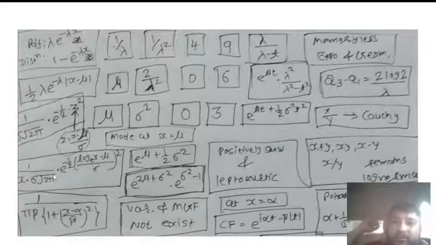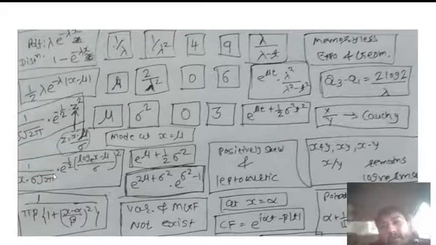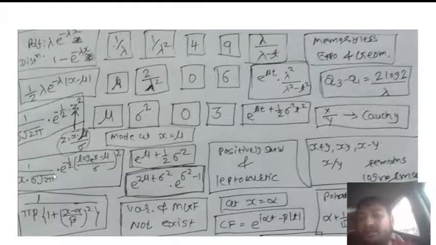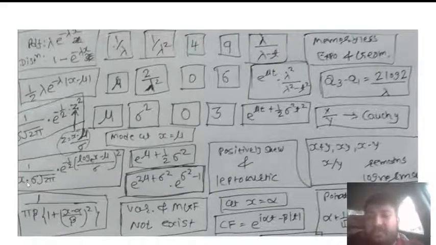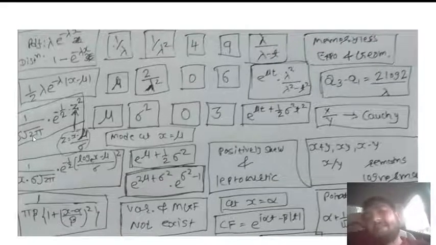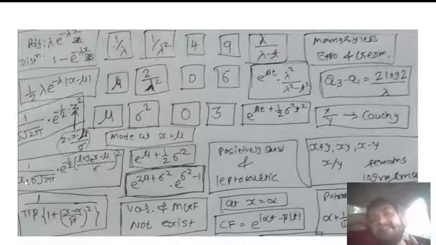Now we are moving forward to the log normal distribution. The distribution function is 1 upon x into sigma under root 2 pi. The distribution function of the normal distribution has only 1 upon sigma under root 2 pi, but here we have an additional x multiplied with it.